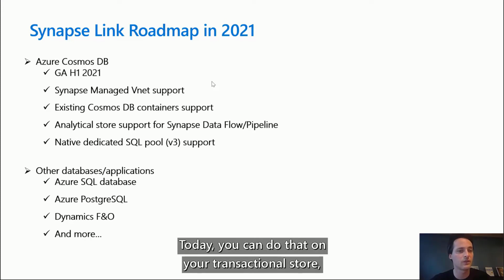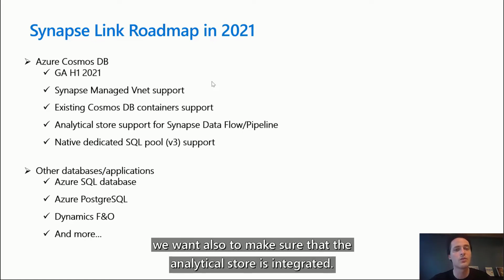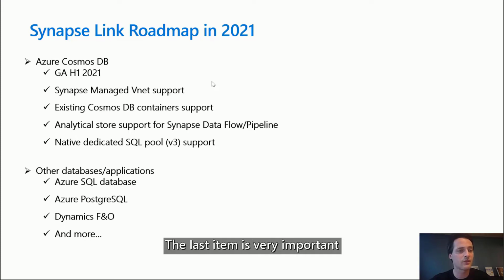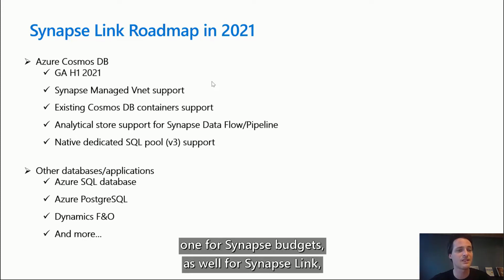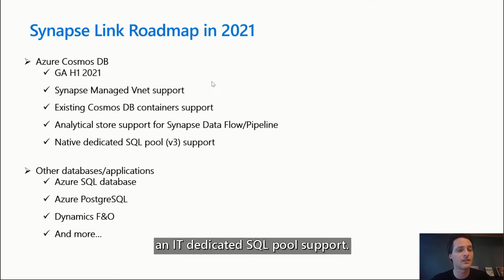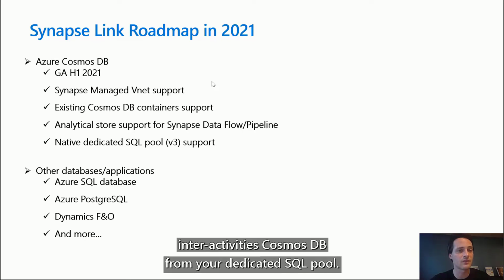Today you can do that on the transactional store. We want also to make sure that the analytical store is integrated. And the last item is a very important one for Synapse, but also for Synapse Link: native dedicated SQL pool support. So you will be able to query Cosmos DB directly and interactively from your dedicated SQL pool.